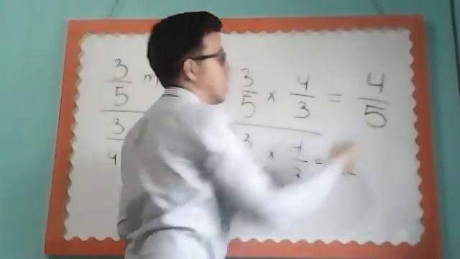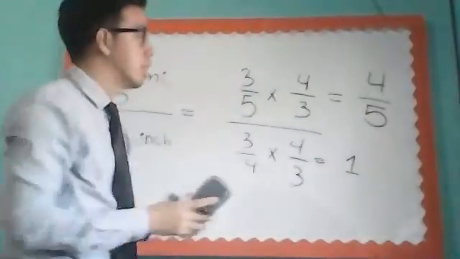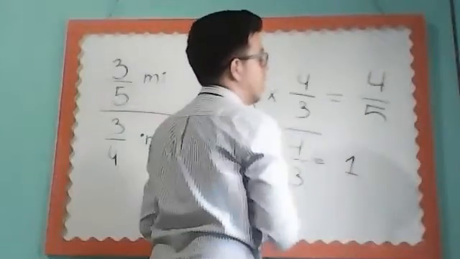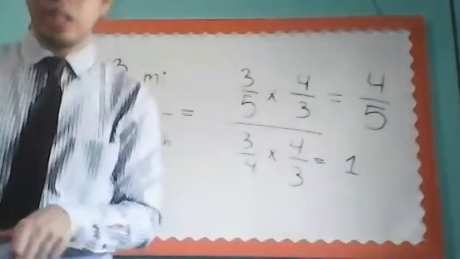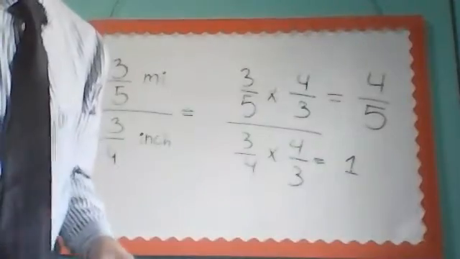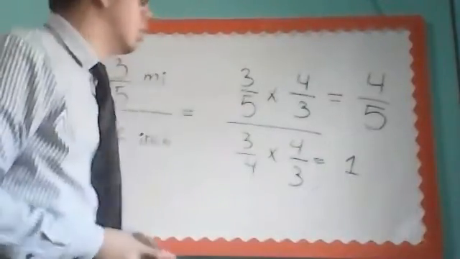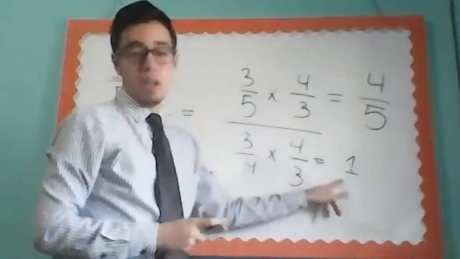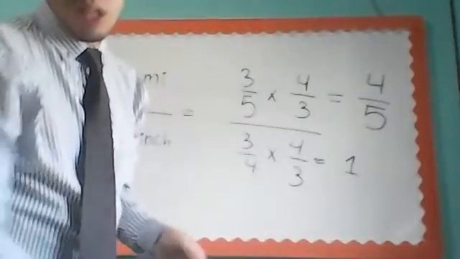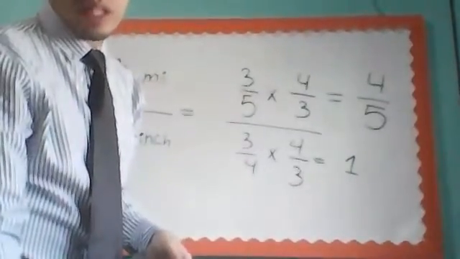And you can see that this is the result you have. Okay, and this is the result you have in the book: 4/5 miles in 1 inch. Remember, in this case, they are not hours.